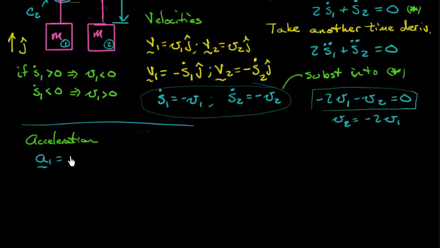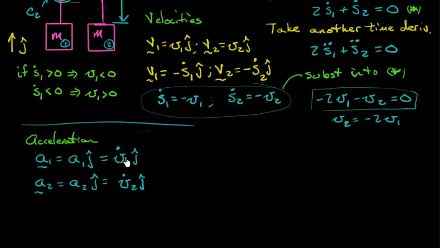The acceleration of block 1 is, I'll just call it A1 in the j hat direction as I did before. And this is just V1 dot in the j hat direction by definition. And similarly A2 is equal to V2 dot in the j hat direction.